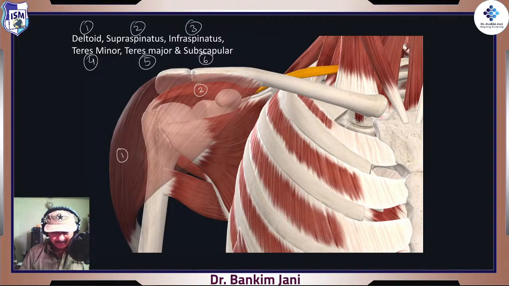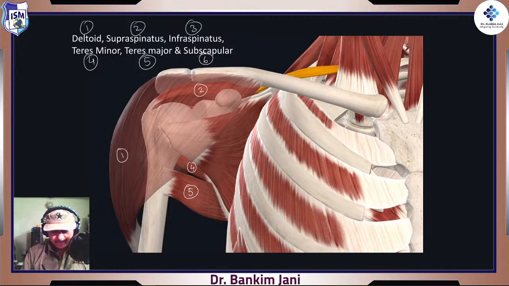Well, infraspinatus is not seen. It will be on the back side, so completely fine if you said that. Then teres minor and teres major, where are they? Figure out where is teres minor. That is over here, this small one. And where is teres major? Just underneath. That's the teres major.